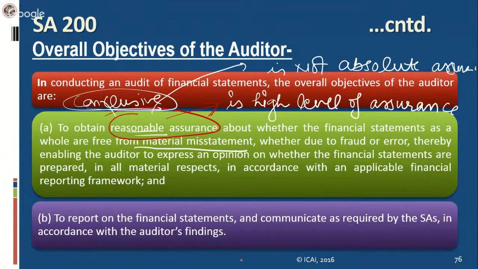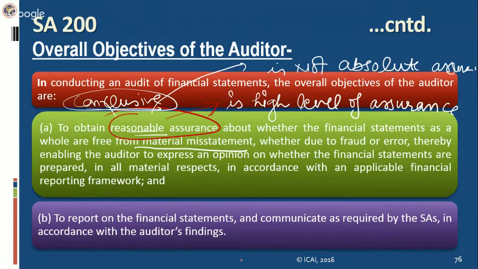Misstatement is basically a difference: the difference between what has been said in the financial statements and what is required to be said in the financial statements. If there is any difference between what I have asserted in the financial statements and what was required there, that is misstatement, I tell you.